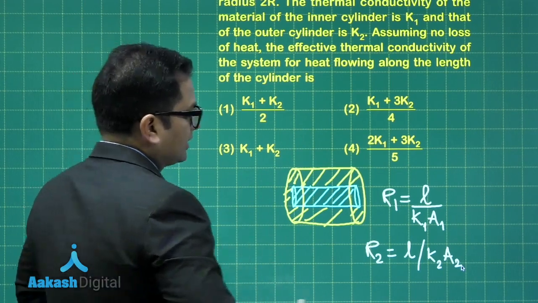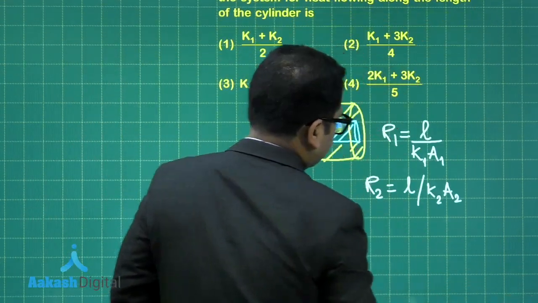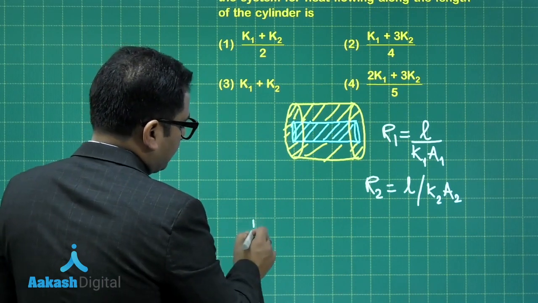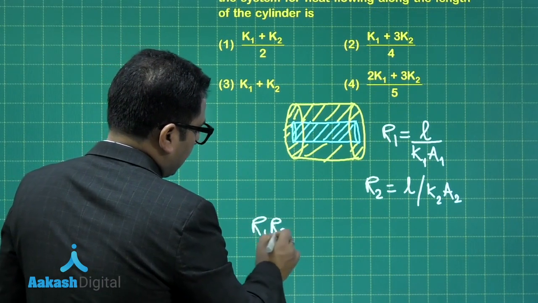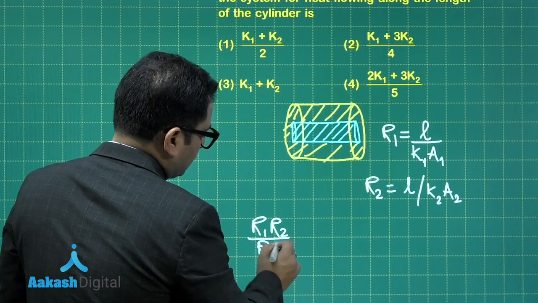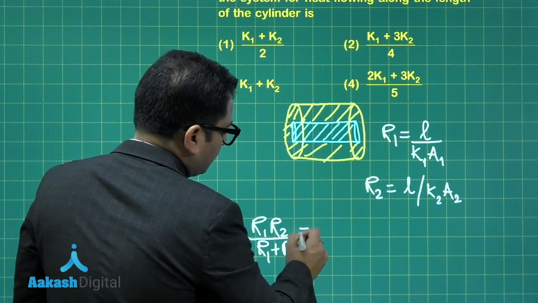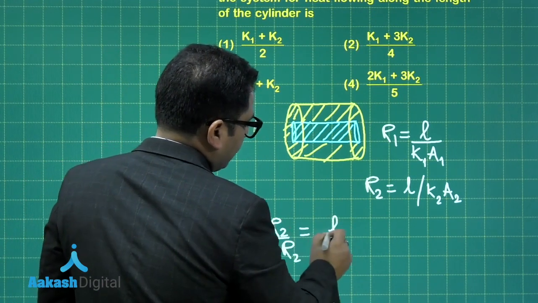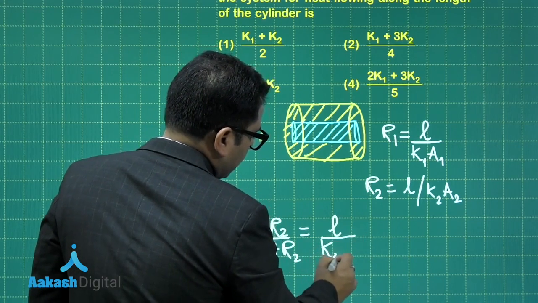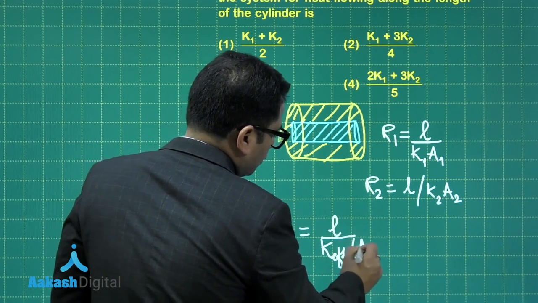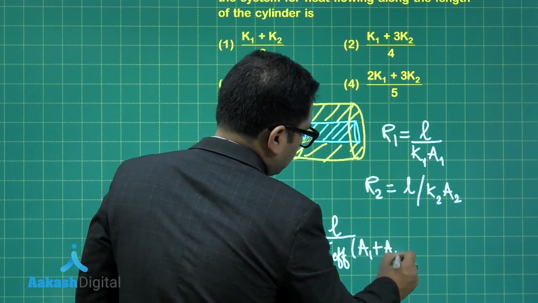And these two are in parallel. So when the resistances are in parallel, the net resistance would be R1 R2 by R1 plus R2, and this can be equated with L upon K effective into A1 plus A2.